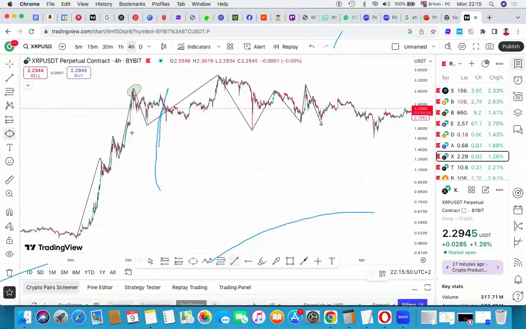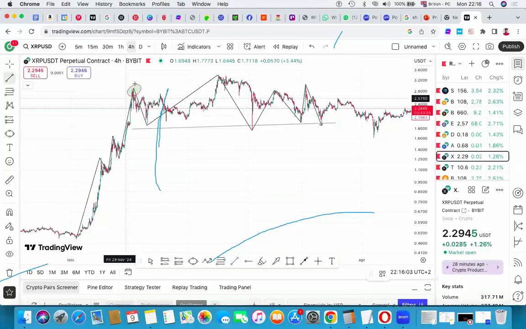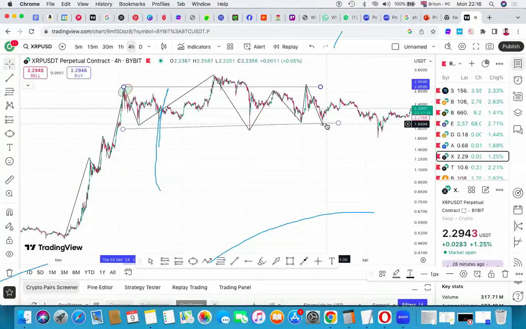You can see the market has been choppy around here. There's been a channel here. So the market is not moving. SRP has just been ranging in this area. It has been ranging in the higher time frame, right? So it is highly possible that if you go to the lower time frame, the market might give you some opportunity, but overall we can see that it has been ranging in this area.